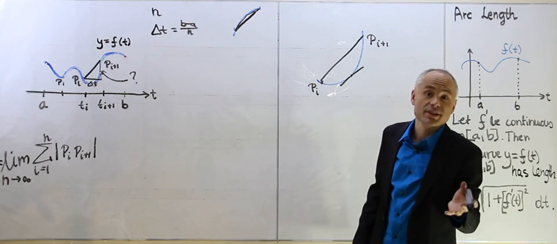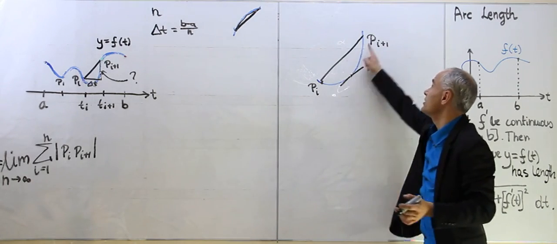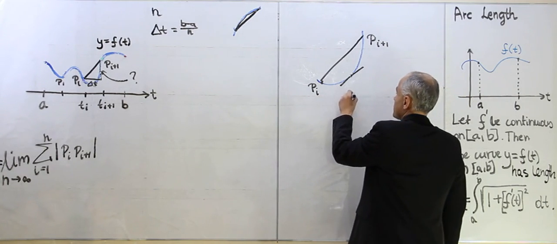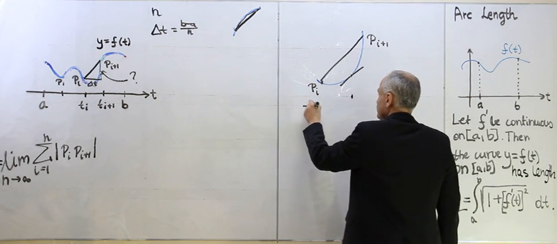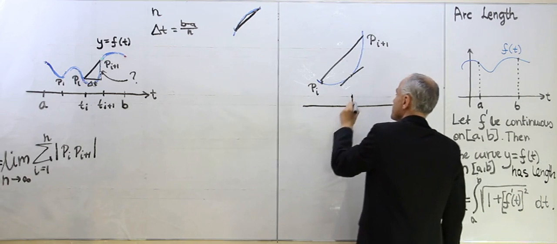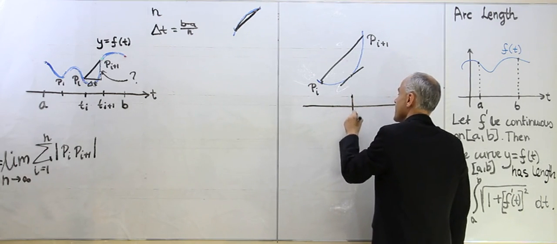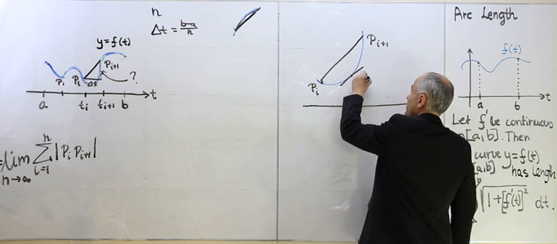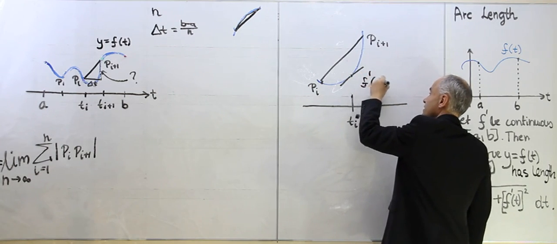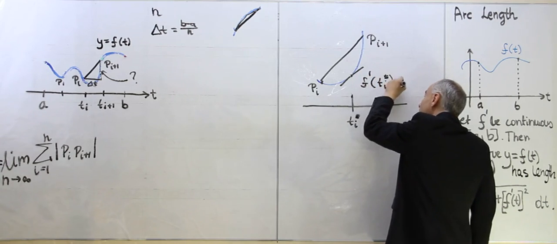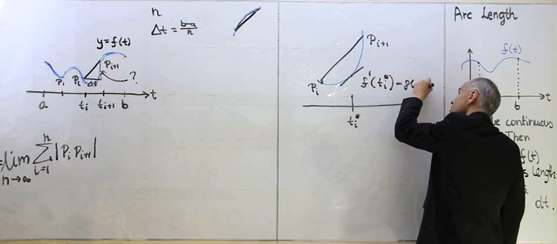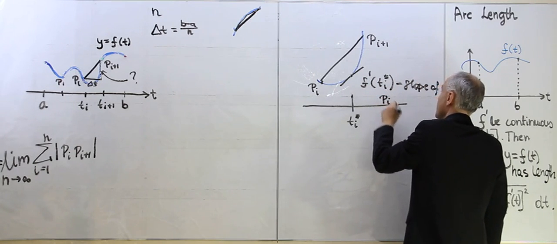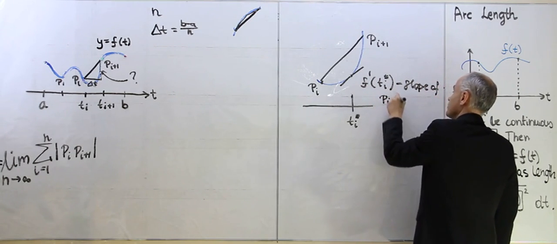And the mean value theorem states that you can find that point between these two points, Pi and Pi plus 1. So, in other words, there is some number ti star such that the derivative f prime of ti star is the slope of the segment Pi Pi plus 1.